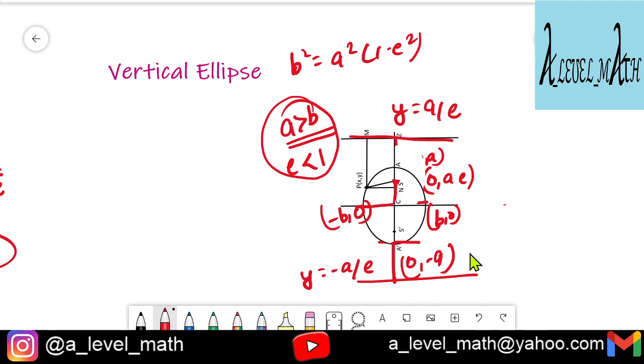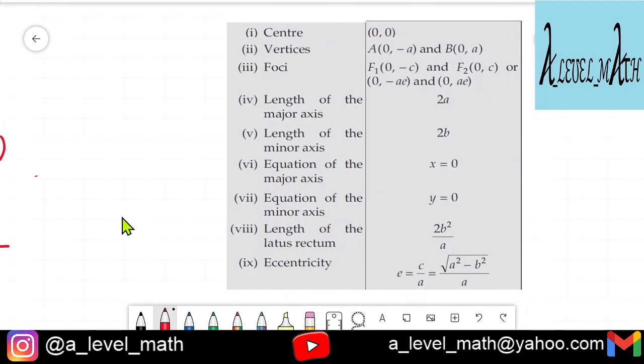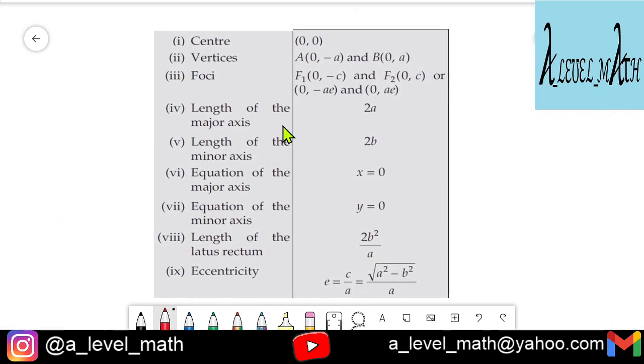So let's quickly recapitulate the facts for the vertical ellipse. The center still remains at 0 comma 0. Vertices are now on the up and down side, so 0 comma a and 0 comma minus a. Foci are 0 comma ae and 0 comma minus ae. The length of the major axis is still 2a. The length of the major axis doesn't change.